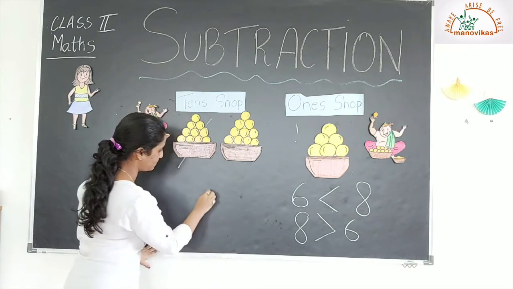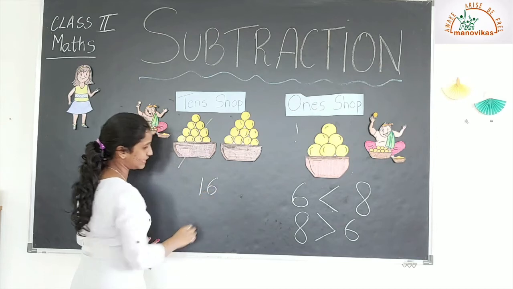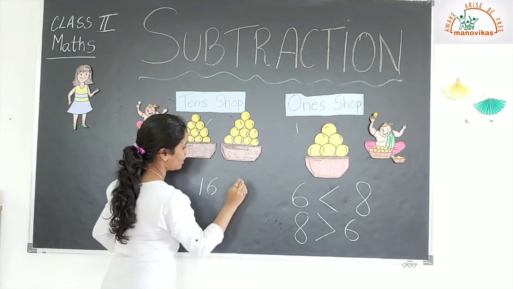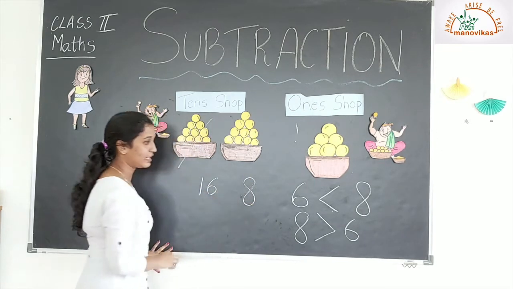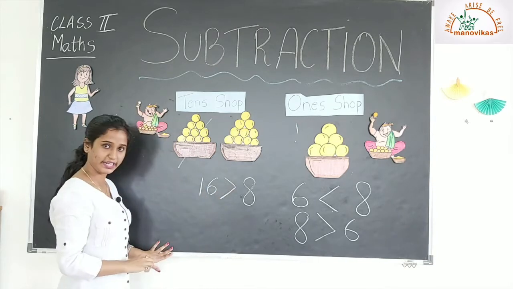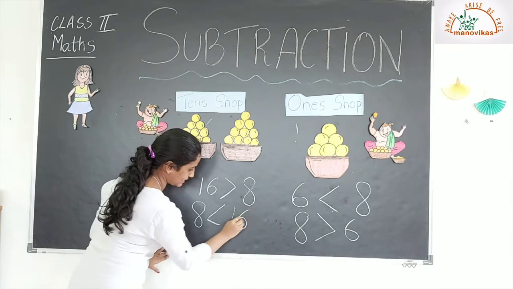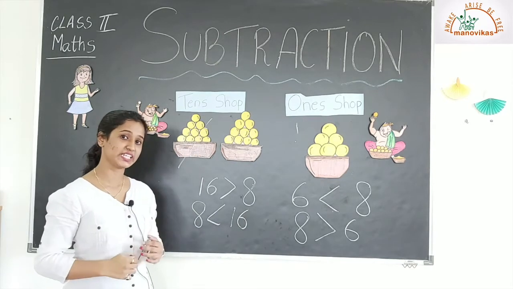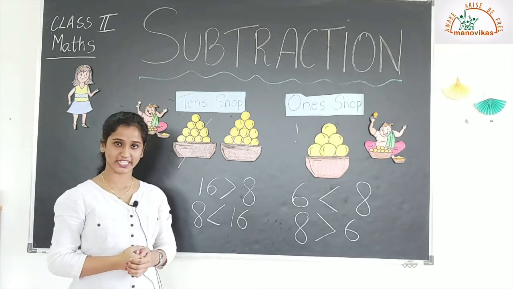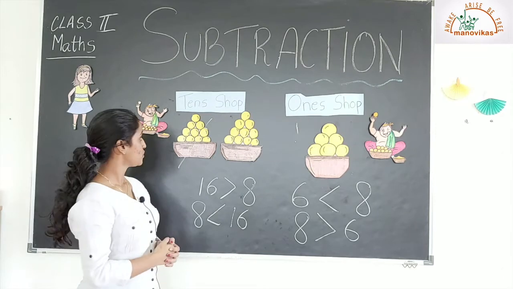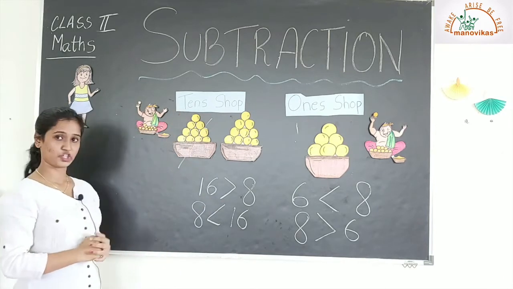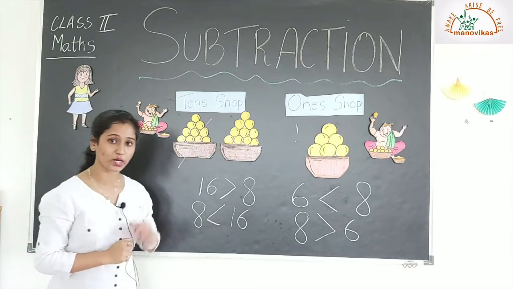Now can you all tell me, 16 is greater than 8, correct? And 8 is less than 16. So now Sweezel can take 8 laddus out of 16. Yes. So now the Tens Shop had 2 boxes earlier.